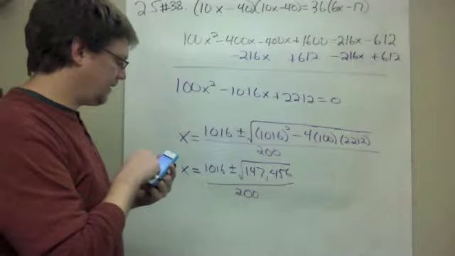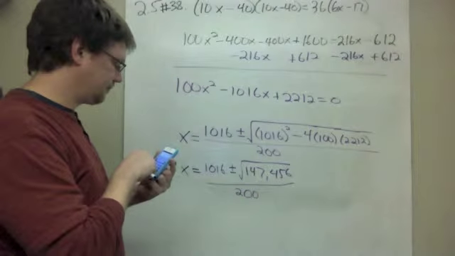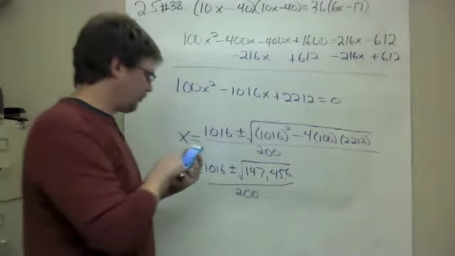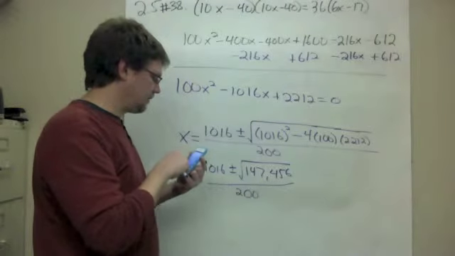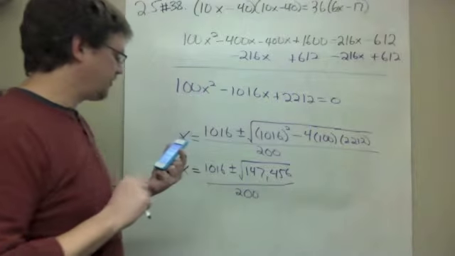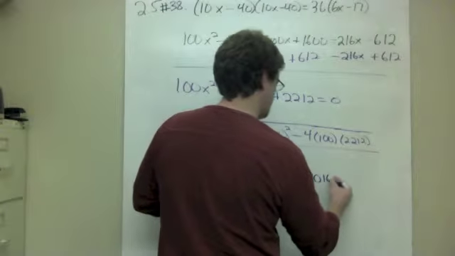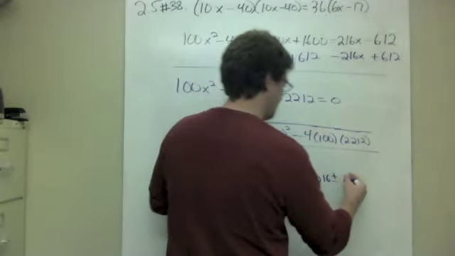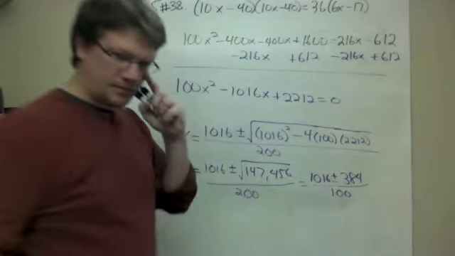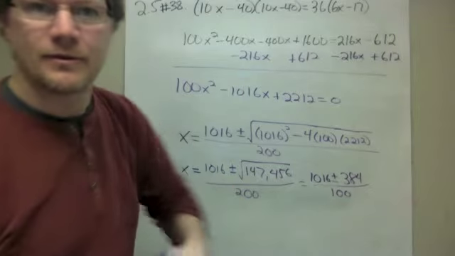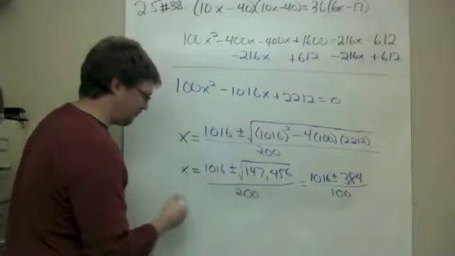So if we take the square root of that thing, 147,456. Hey, it's a perfect square, 384, right? So this becomes 1016 plus or minus 384 over 100. Okay, so we will get two solutions, the positive and the negative.